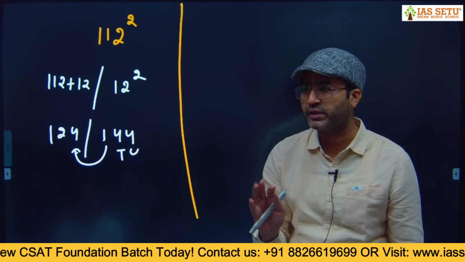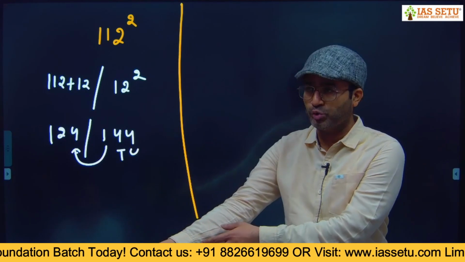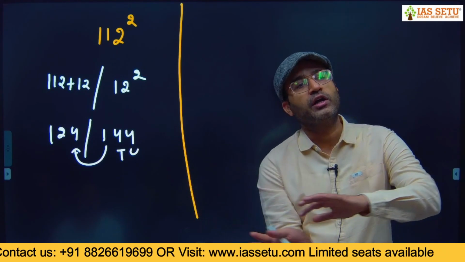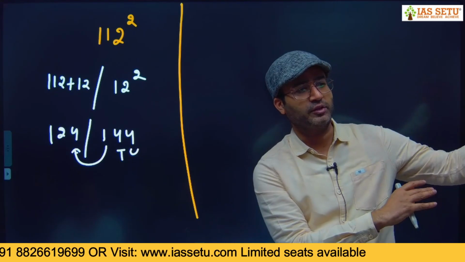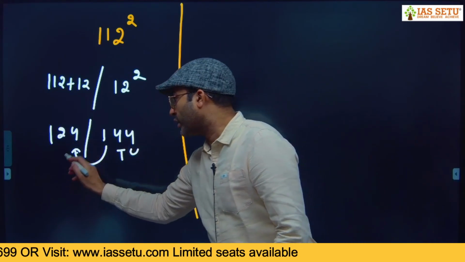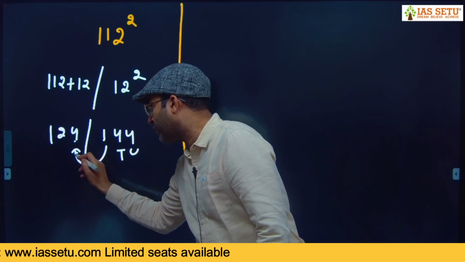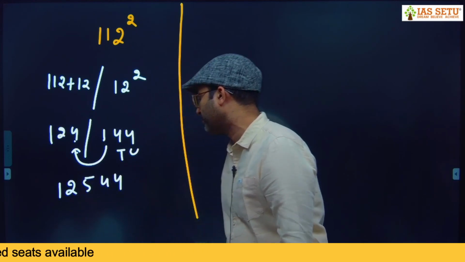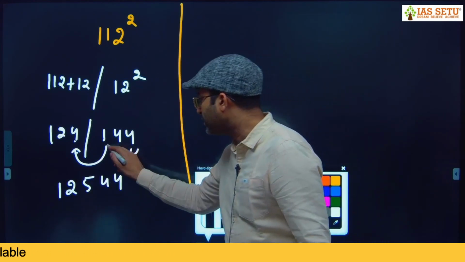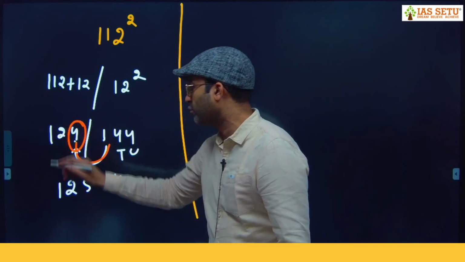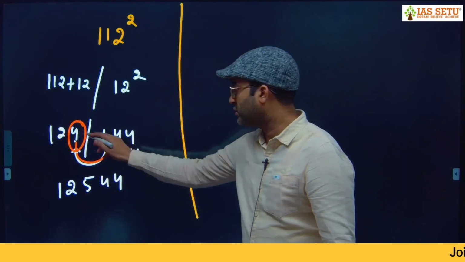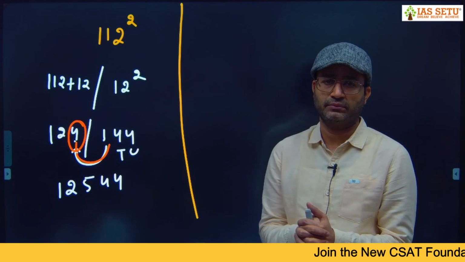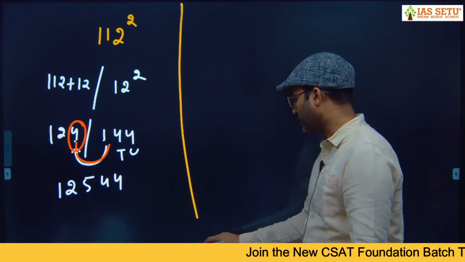Like in our economics we take from rich and give to poor, that is the carry forward concept. But polity comes and reverses it, it transfers the poor's money towards the rich. So here this one carry forward is added, so our answer is 12544. So this 1 will be added in this form because this 4 and 1 both belong to 100 place, so you have to merge it. Let me take extra questions, don't worry.